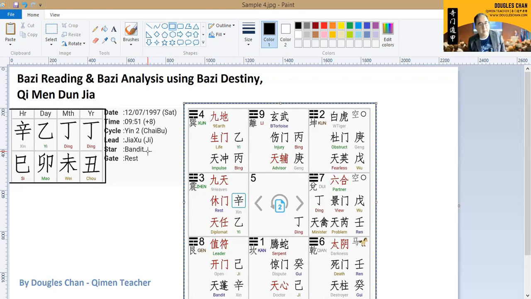So we need to go to something called the day stamp, D-A-Y stamp. Okay, this is here. This symbol itself, pronounced Y-I, is E. So this E itself is actually a representation that's going to be presented in the 9 palaces over here.